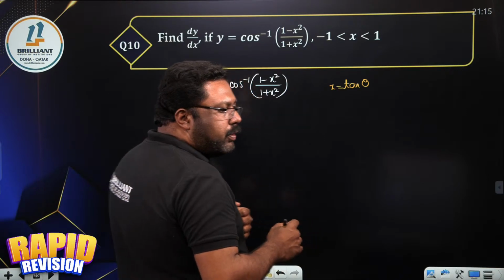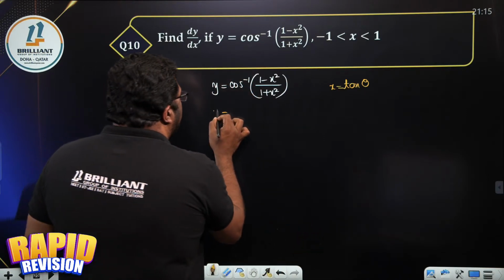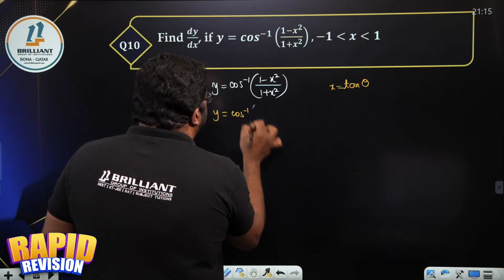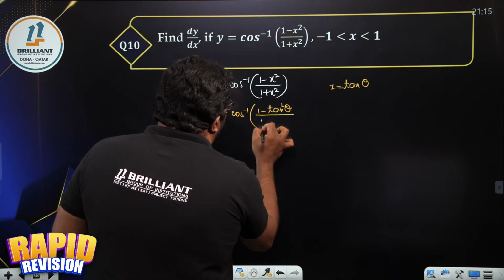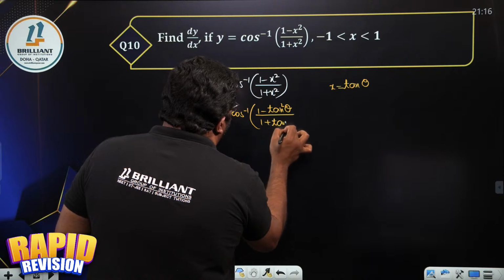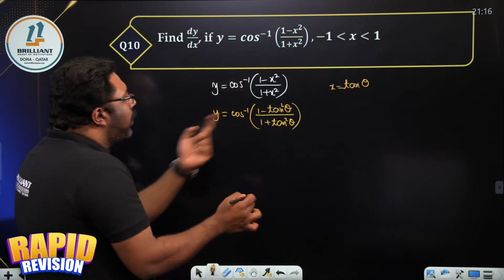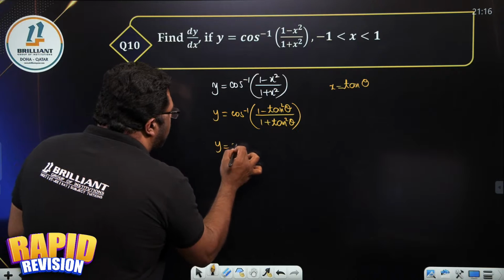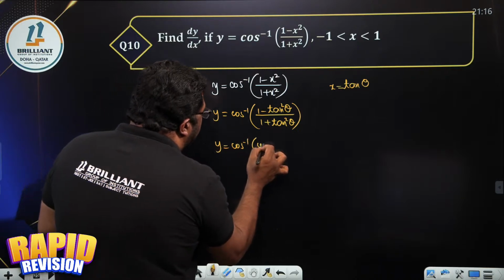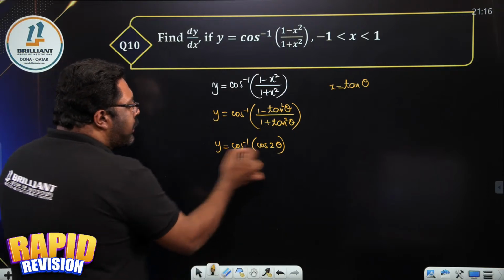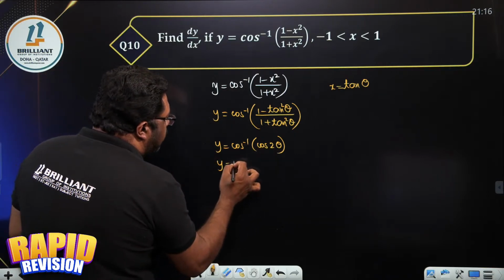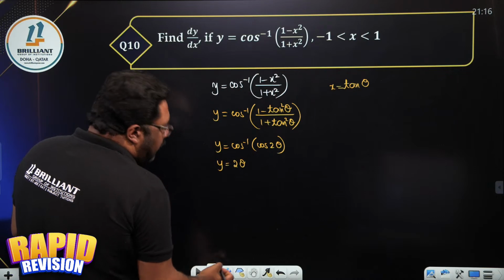Okay, so y is equal to cos inverse of (1 minus tan squared theta) by (1 plus tan squared theta). It's a trigonometric formula for cos 2 theta. So y is equal to cos inverse of cos 2 theta. Cos inverse and cos eliminate themselves, so y is equal to 2 theta.